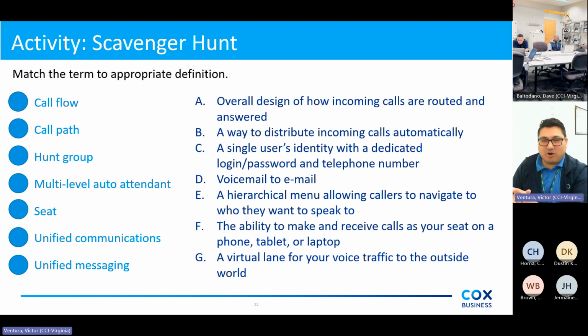So the first, call flow, that's A. That is your overall design on how calls are routed. Second one, call path. G. Right, okay. That is G. It's pretty much a virtual lane of how voice traffic is routed to the outside world. Okay, what about hunt group? It's a way to distribute calls automatically.